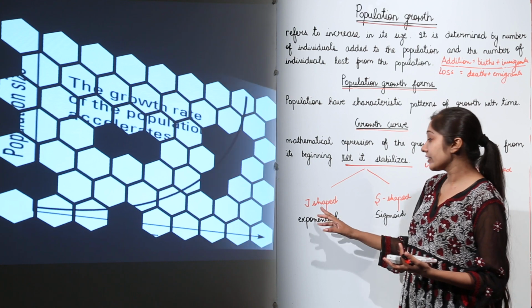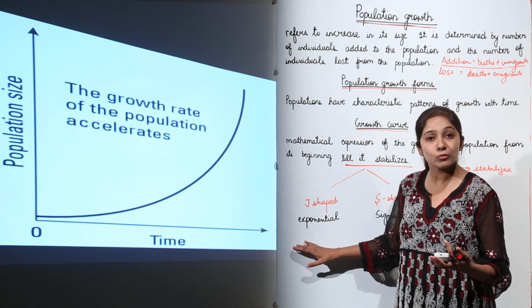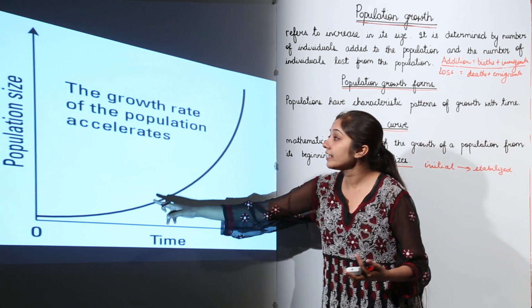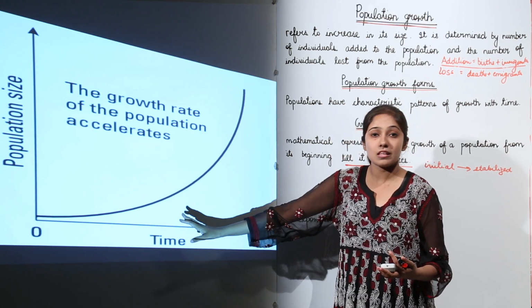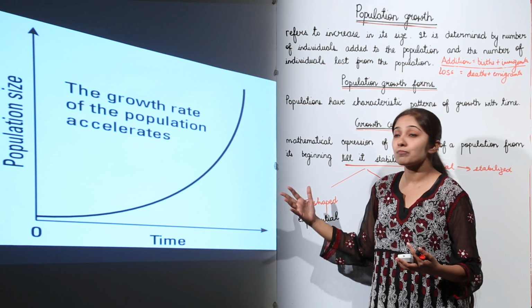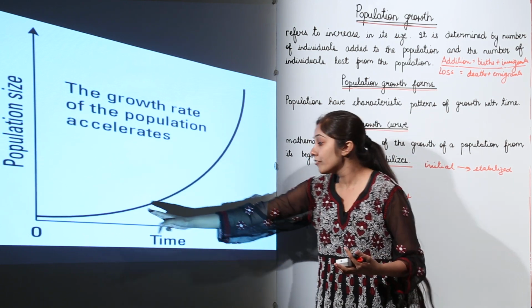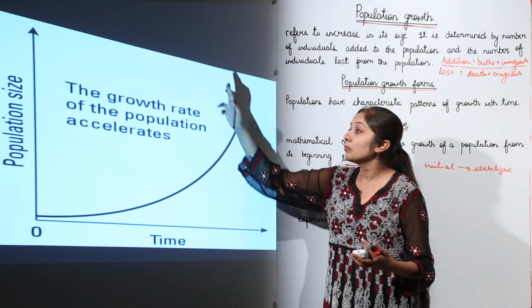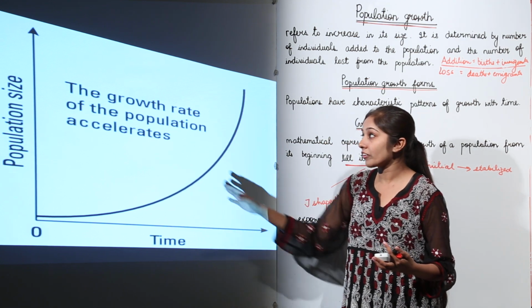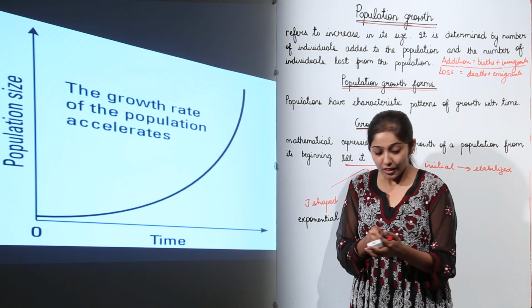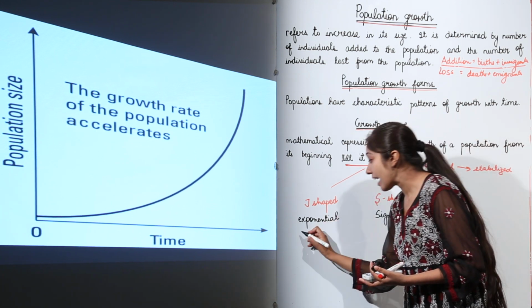As I told you, the J-shaped growth curve is also known as the exponential growth curve. It is represented in this manner, as you can see in this image. This growth curve is plotted with population size against time, and this J-shaped curve has two phases.